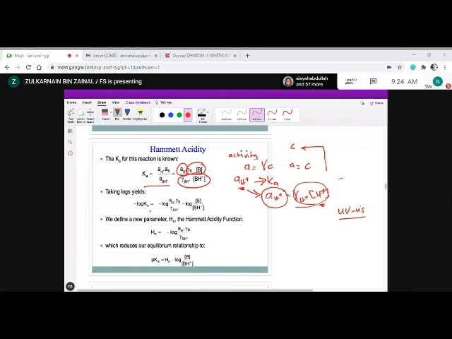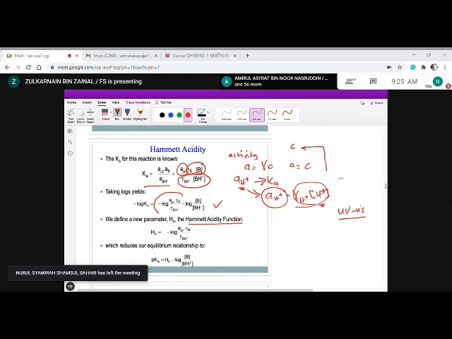So taking logs yields this equation, so you have got this equation, right? And then we define a new parameter, H naught, or H0, and this is what we call the acidity function, and H naught only takes this part, right?